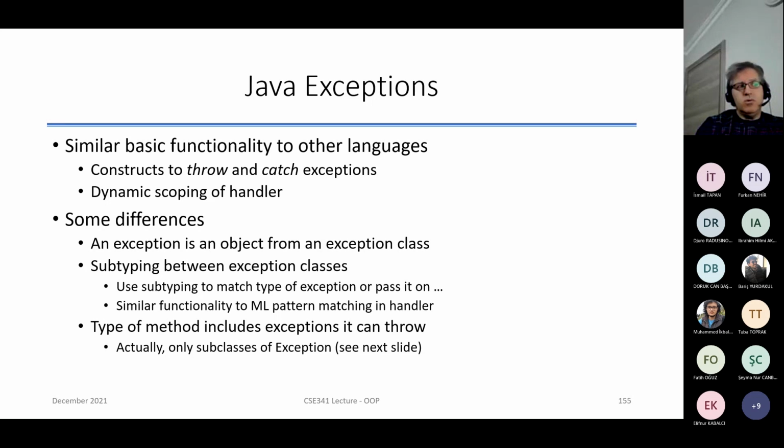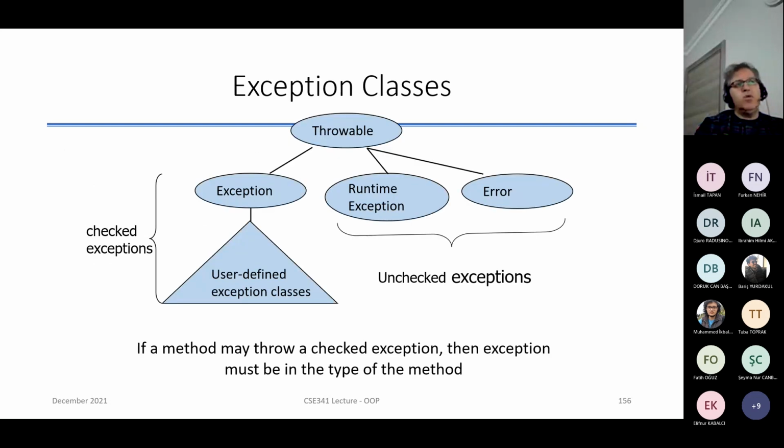The type of a method includes the exceptions that it can throw, right? So let's look at this case. You have a throwable, and under throwable you have exceptions. You have runtime exception and error. These are unchecked exceptions, and the exception itself needs to be checked, and there are user-defined exception classes extending these exceptions.